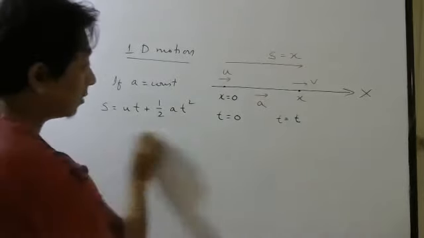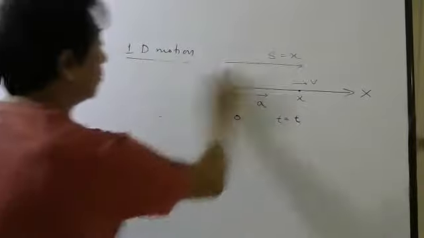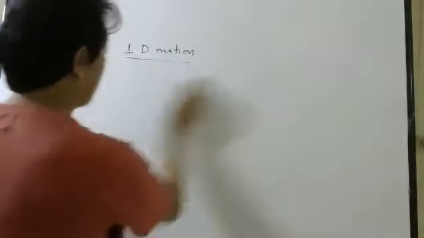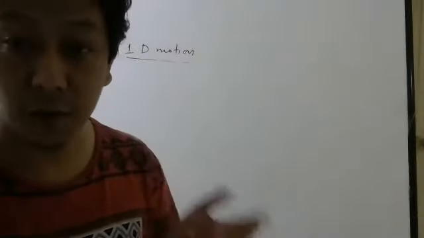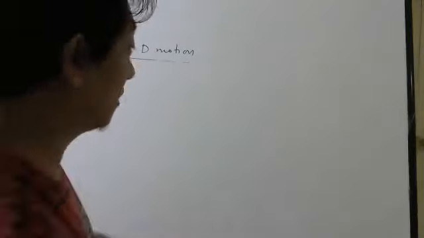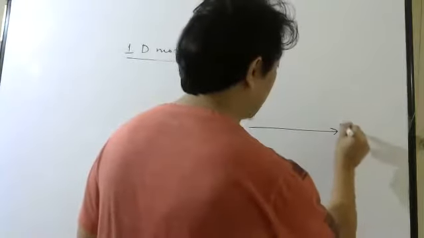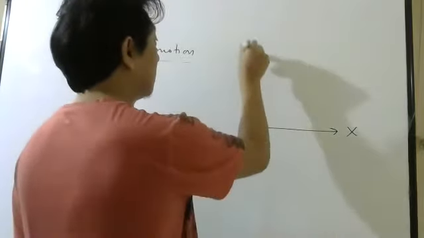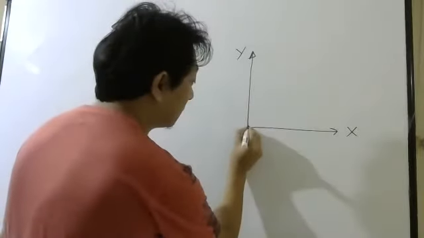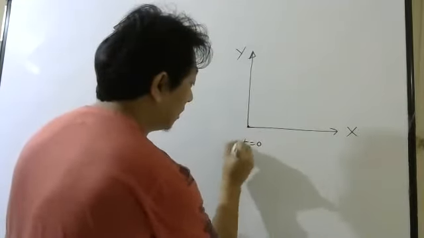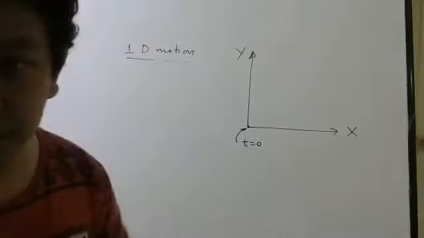Now, please understand this. Okay. Now in 2D motion, what happens? In 2D motion, x coordinate can also change, y coordinate can also change. So this is your x axis, this is your y axis. Let us say particle starts from here. So at t equal to 0, it is at origin, same like before.